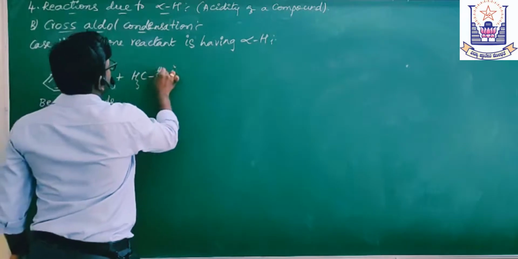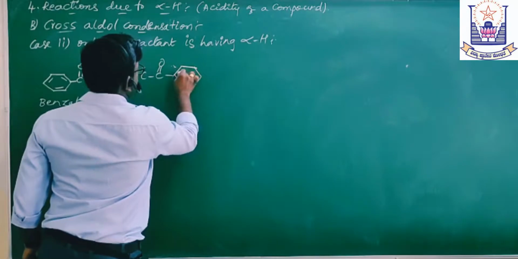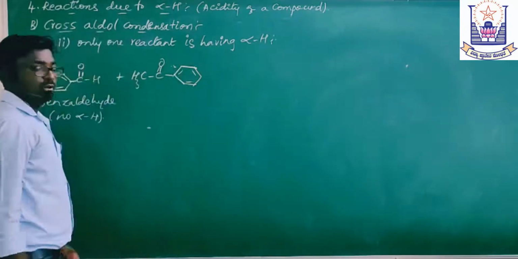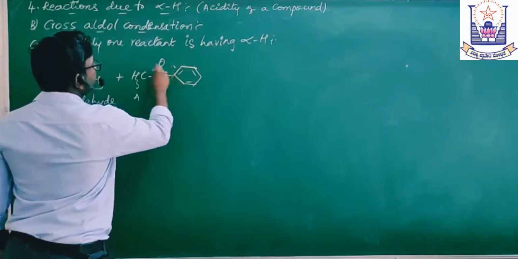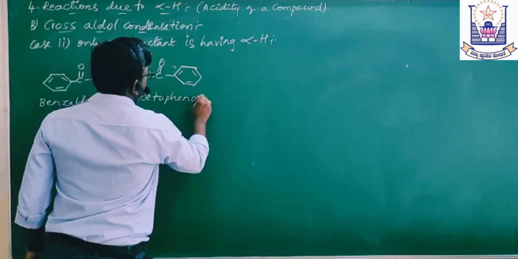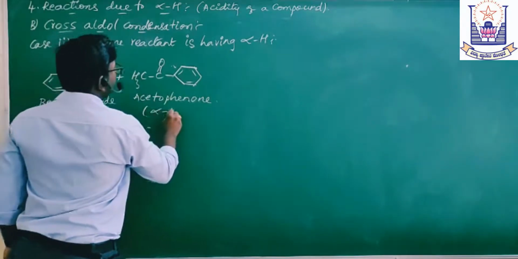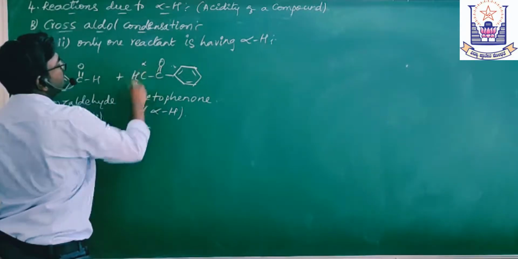For example, this is called acetophenone. This is having an alpha hydrogen, because with respect to this, this is alpha.